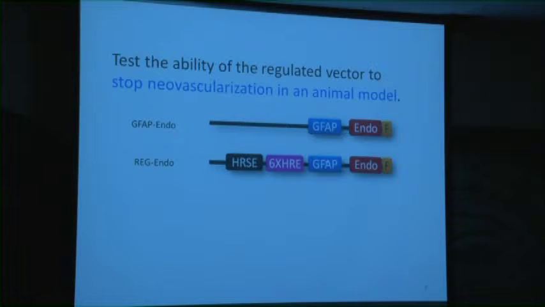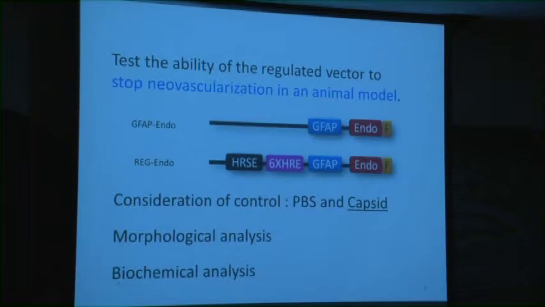This would only be turned on if there was hypoxia. So as a control, the opposite eye had either PBS or just a naked capsid, to be sure that our results were not due to something about the AAV, and we used AAV2, single-stranded AAV2.